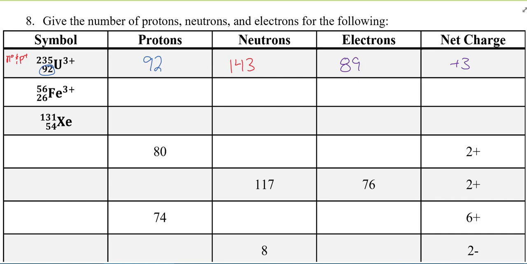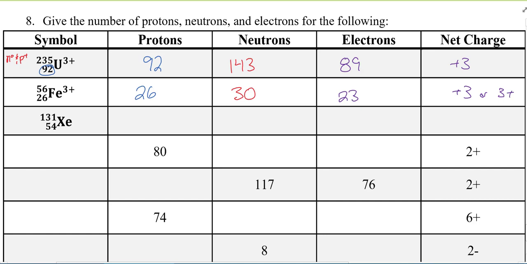Iron. 26 protons. How many neutrons? Looks like if I take 56 minus 26, 30 neutrons. 3+. So that means I have 23 electrons. Now, either way you want to do it.